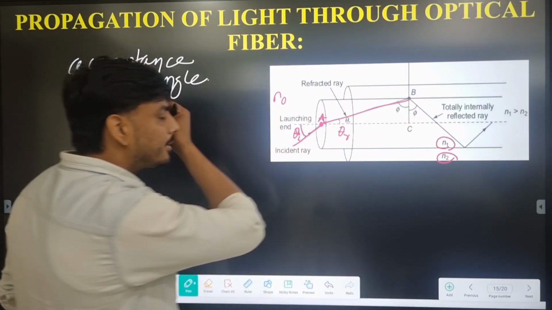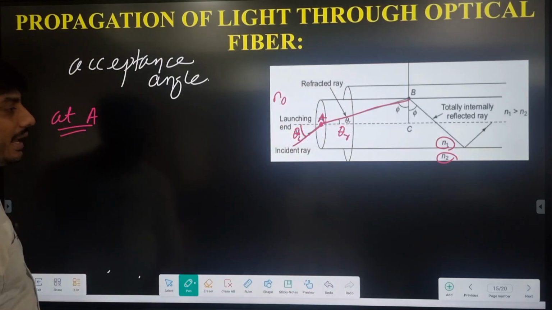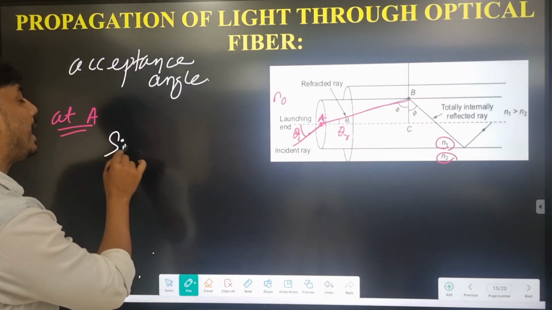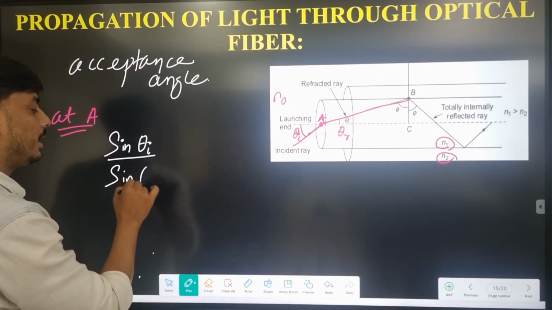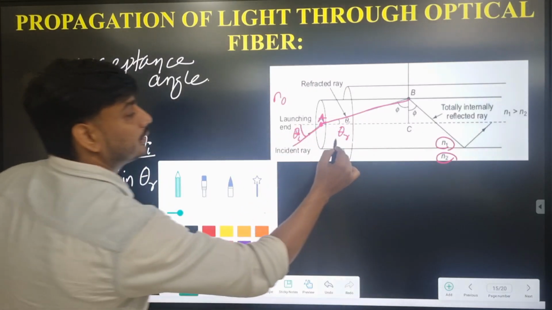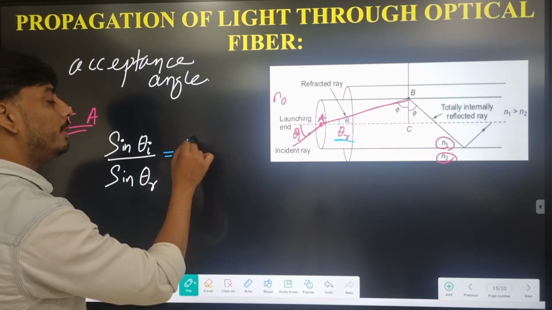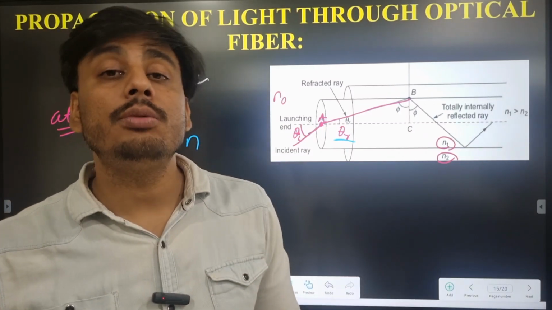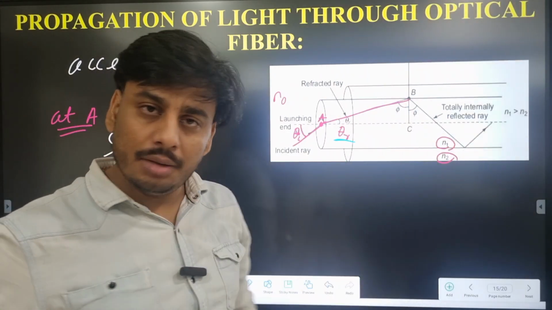First we have to see at point A. At point A, if we apply Snell's law, sin theta I by sin theta r is equal to the refractive index, because from Snell's law we know that sin i by sin r equals mu2 by mu1. Mu2 means the second medium refractive index and mu1 means the first medium refractive index.